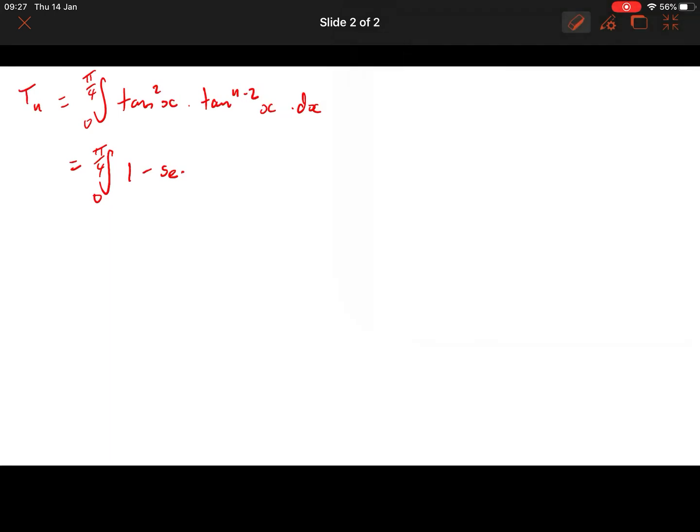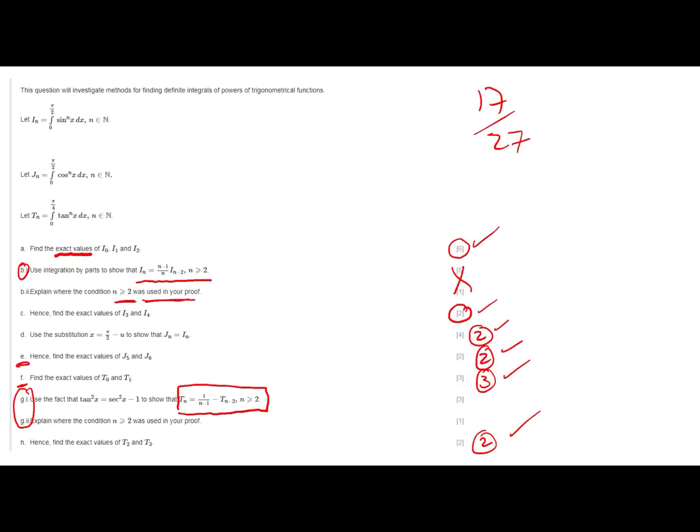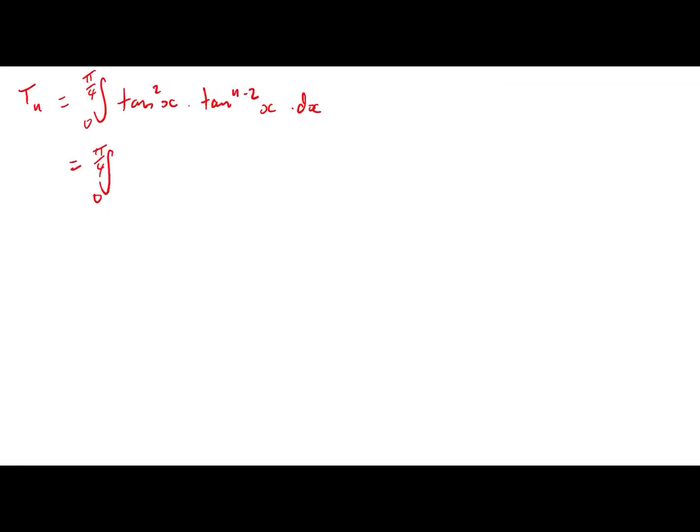Sorry, no, it's not. Got it wrong, haven't I? Let me just double check what the question says. It's sec squared x minus 1. Tan squared x equals sec squared x minus 1. So we're going to get sec squared x minus 1 of tan to the power of n minus 2 x with respect to x.